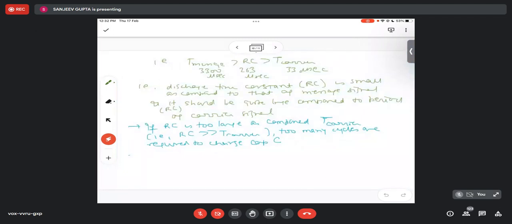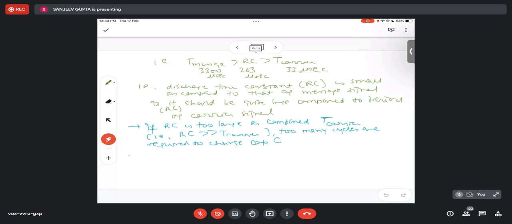The T of message is greater than the RC, which is greater than the T of carrier. That means the discharge time constant, RC, is small compared to the message signal, and it should be quite large compared to the time period of the carrier signal. So this condition must be satisfied. Because if RC is too large, then many cycles of the carrier are required to charge the capacitor to the full value.